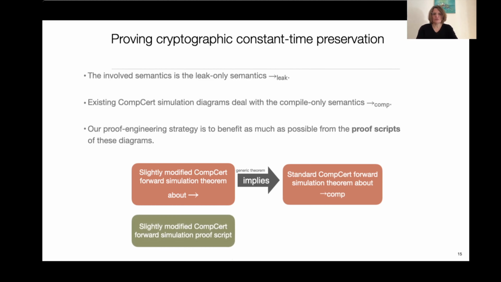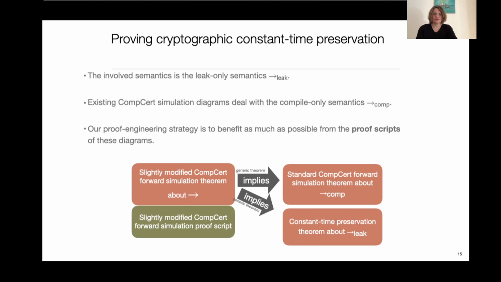Then, as we have modified the semantics by adding leakages, we need to slightly modify the existing proof script of CompCert in order to prove the new diagram. And here, thanks to Coq tactics, we reuse a lot of the proof scripts.